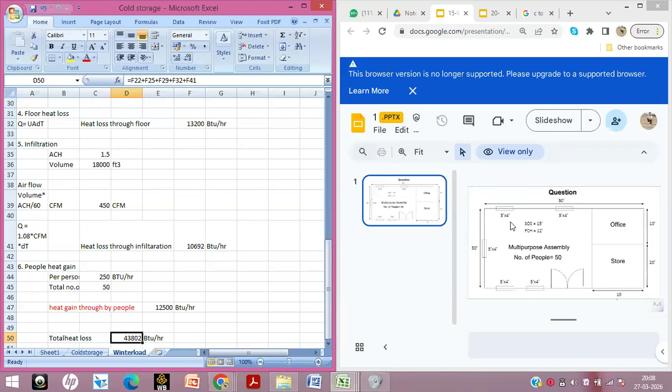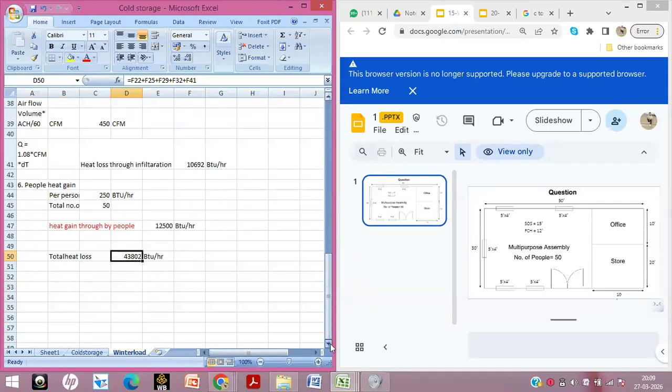We calculated how much heat is going to be lost. But if you see the number of people, people will always emit some latent heat. If you have 50 people in a room, you will feel a bit warm compared to normal condition because of latent heat. So that latent heat we need to subtract from the heat loss. So this is the total heat loss.